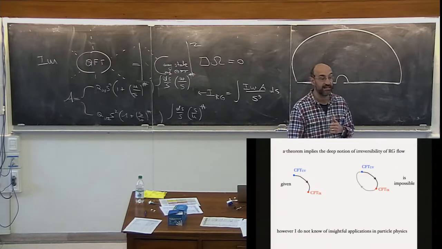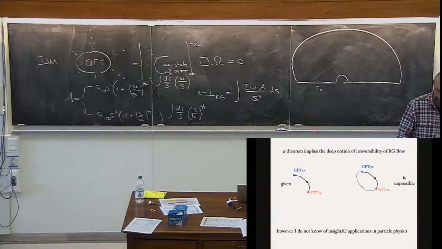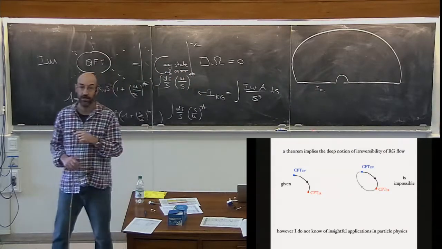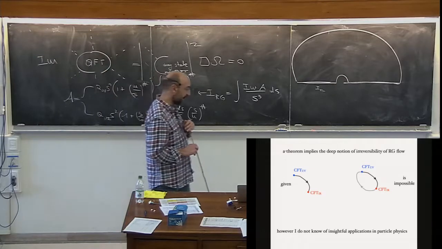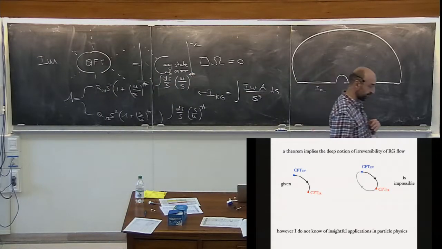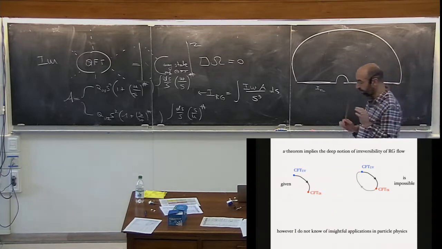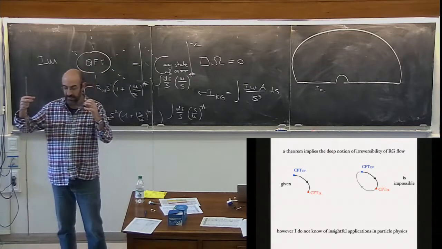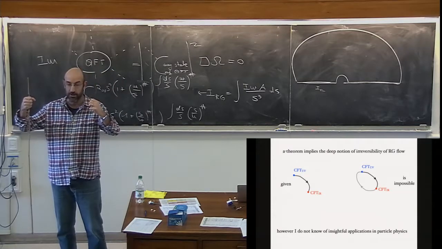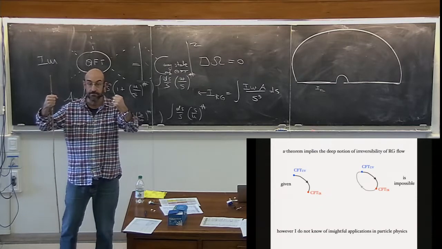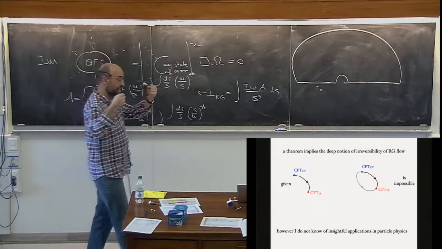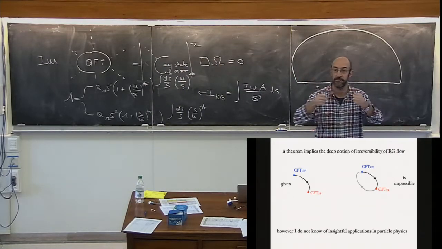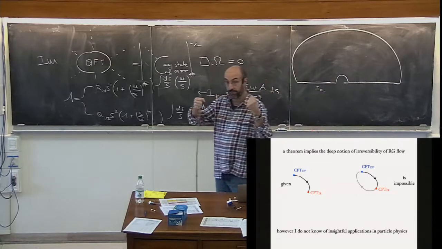Okay. Notice, on the other hand, that there are examples in non-relativistic theories where the cyclic behavior appears. I'm not an expert on it, but let me tell you when it happens. It happens in non-relativistic physics when you have two non-relativistic heavy objects, like two nucleons, like a neutron and a neutron, and the scattering length, say in the S wave, is going to infinity. This is very similar to what happens with the deuteron.